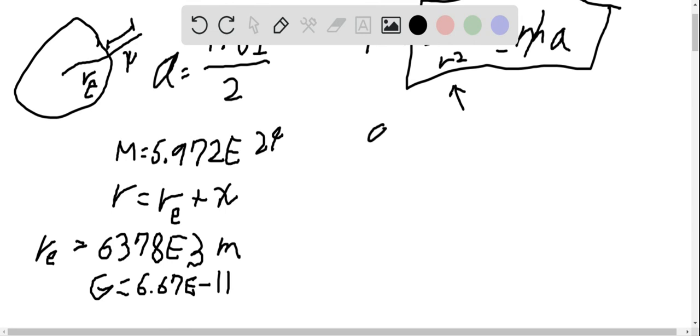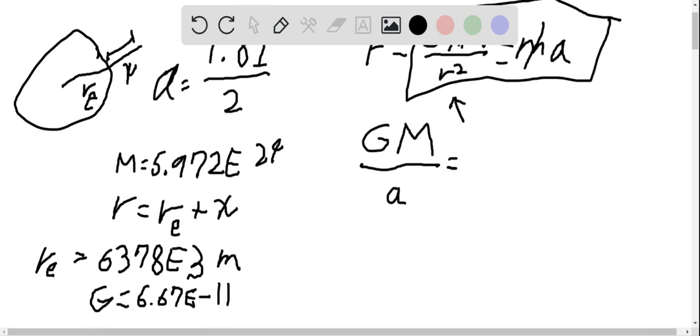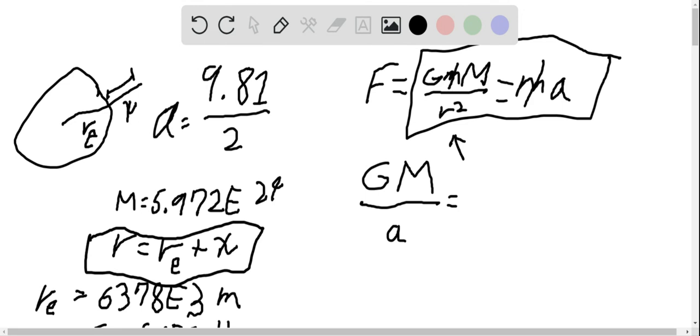So to simply rewrite the formula, we have the constant G times the mass divided by our desired acceleration is equal to, if we substitute this formula into our r, the radius of the Earth plus x, squared.